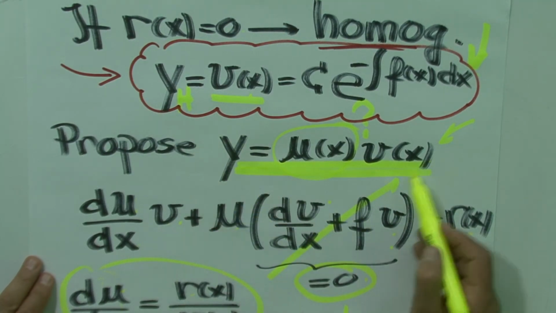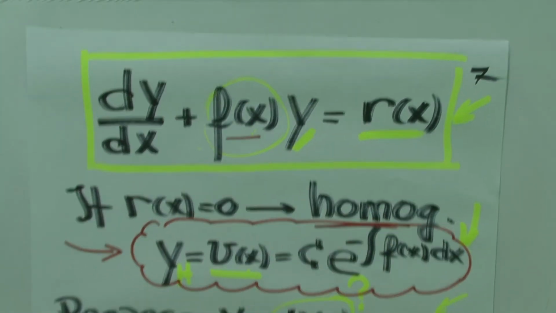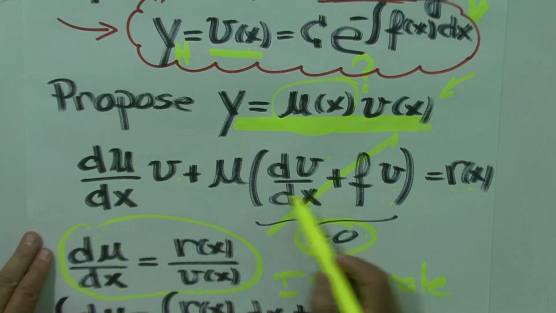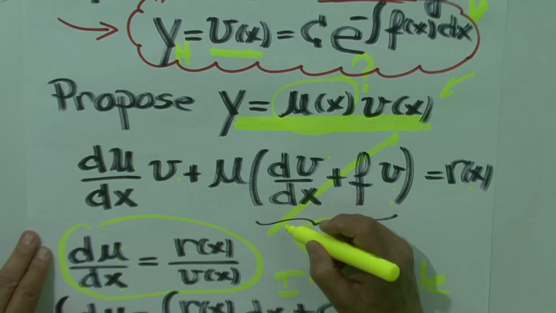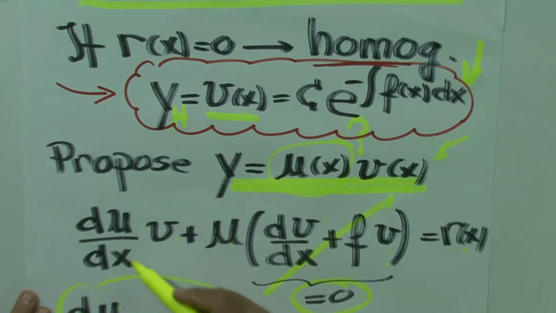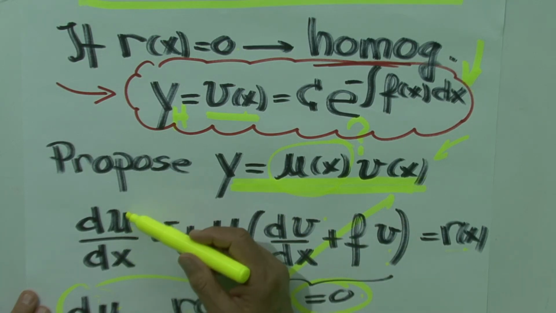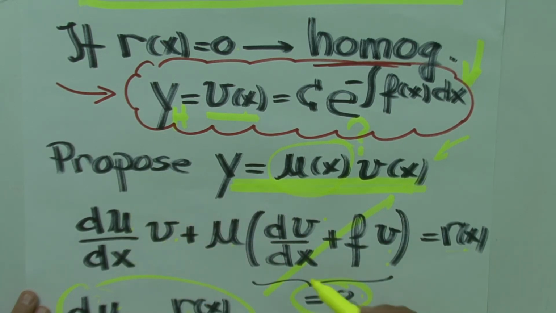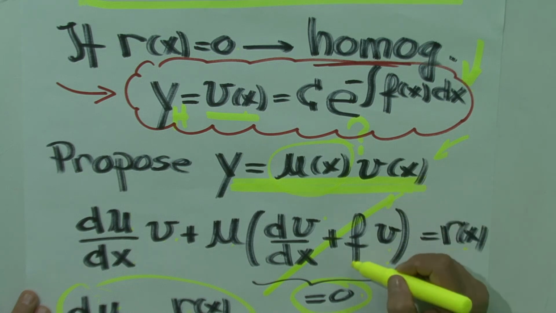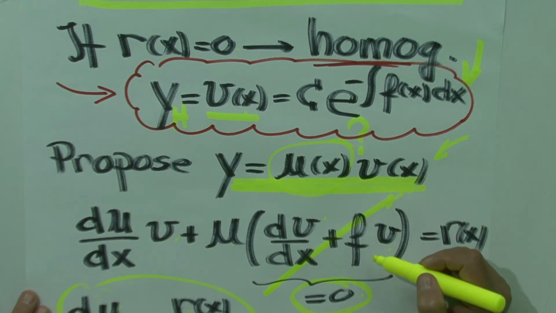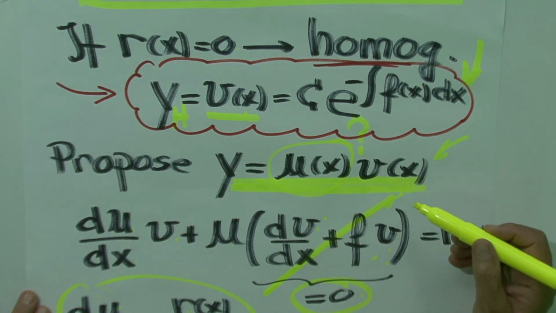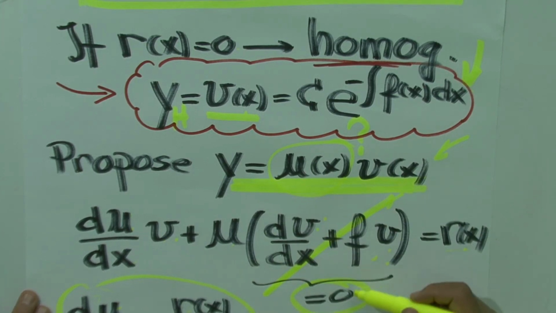And I substitute this in the original equation. And when I do that, this equation is oversimplified, because when I substitute, derivatives of U with respect to x are going to appear, but this term here appears too, that I know is the homogeneous equation, because V is the solution of the homogeneous equation. So this term gives you 0.